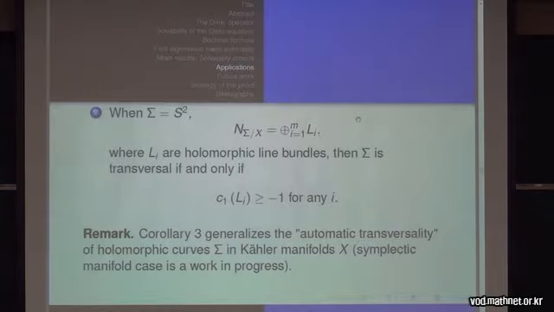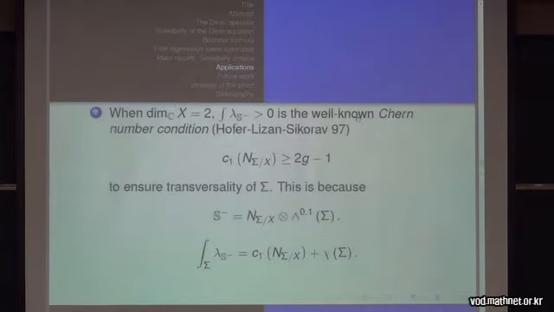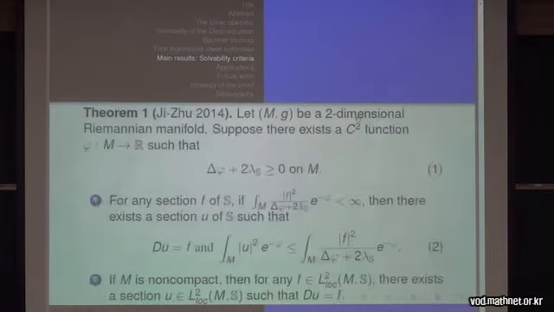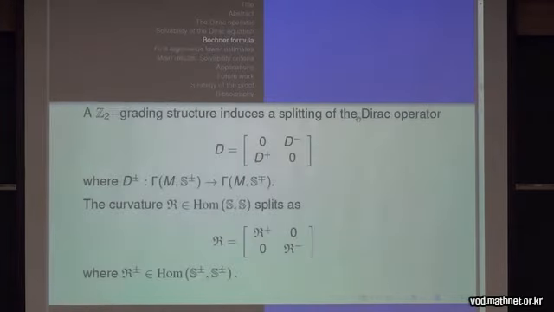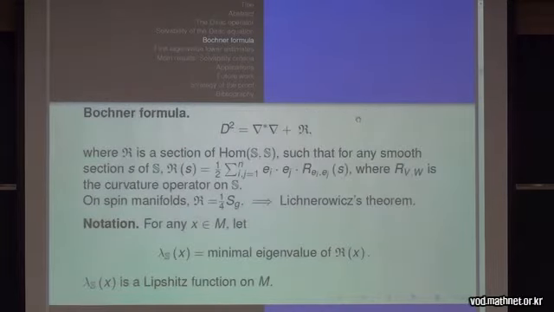And this also follows from our result, because in this case the R is given by the curvature of the bundle S, and now S splits into line bundles. So the curvature tensor splits into the direct sum of the curvature of each factor.